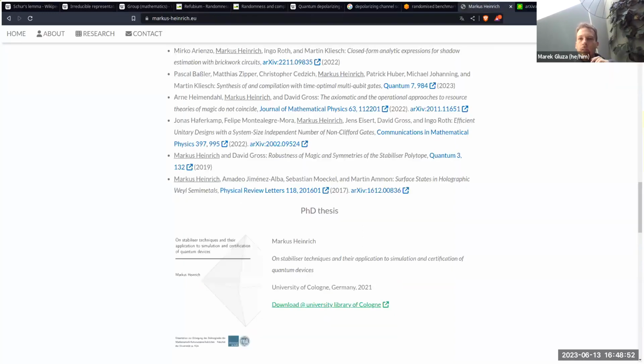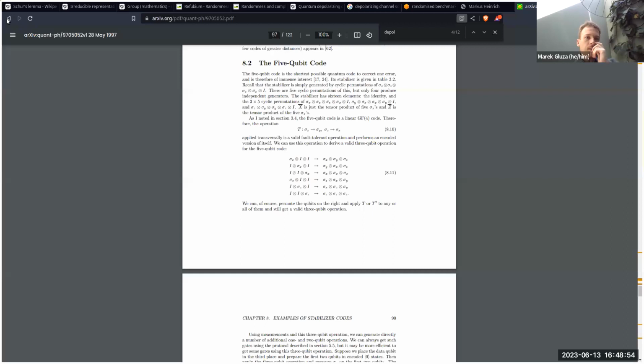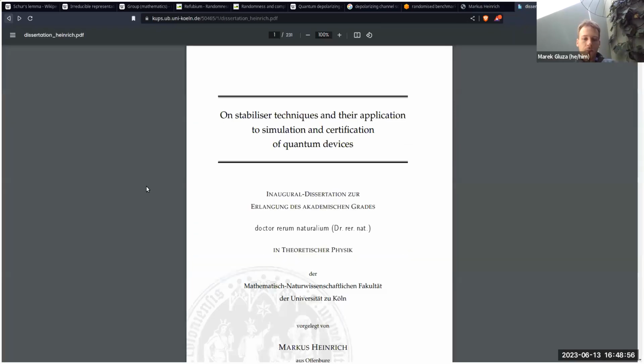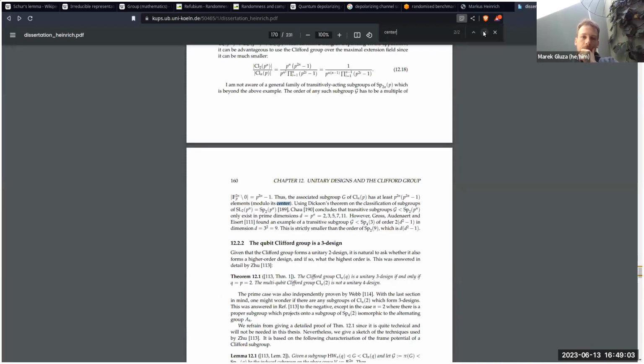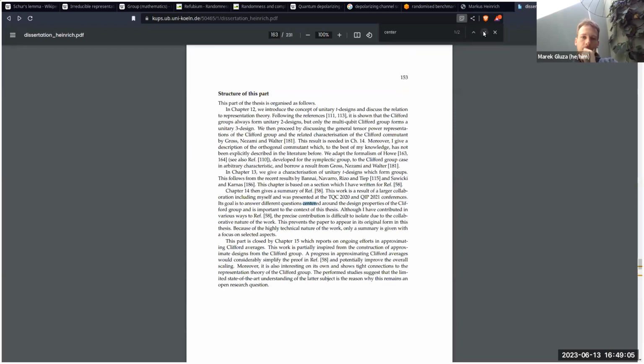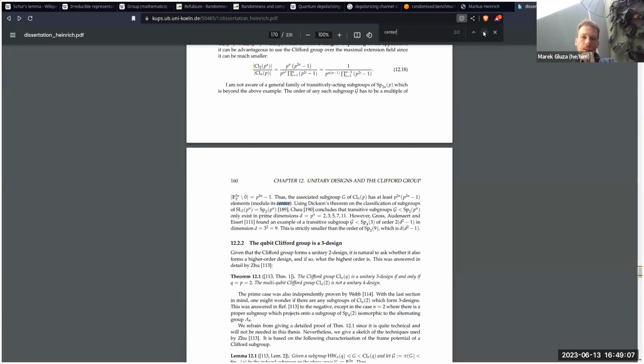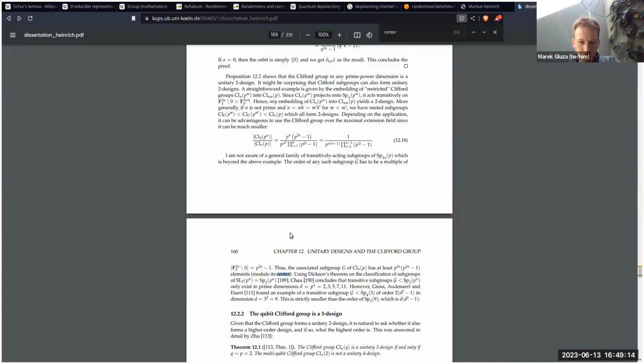I was learning this from Markus's thesis about the center because he's really explaining how to remove the correct center and what's the full center of the Clifford group. The Clifford group is a bit more complicated than the Pauli group and so on.